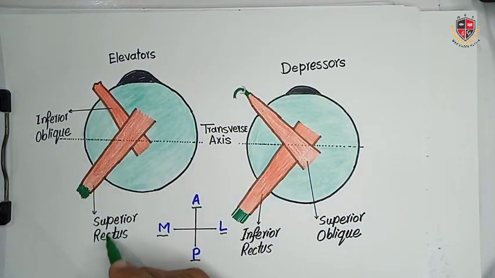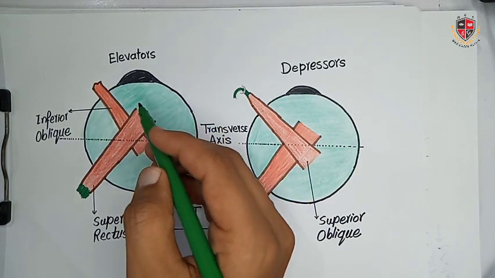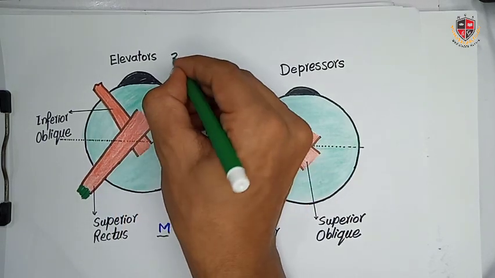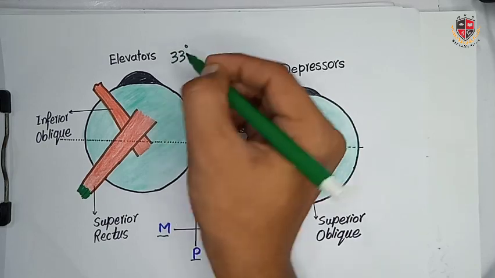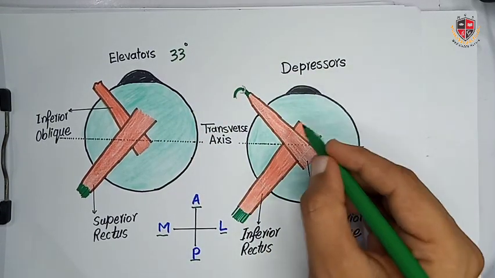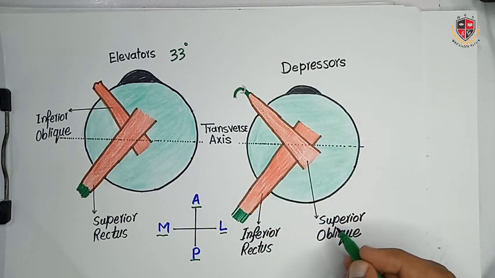Inferior oblique and superior rectus muscle cause the elevation of the eyeball, or upward rotation, at 33 degrees. And these are the muscles which cause the depression of the eyeball: inferior rectus and superior oblique muscle.